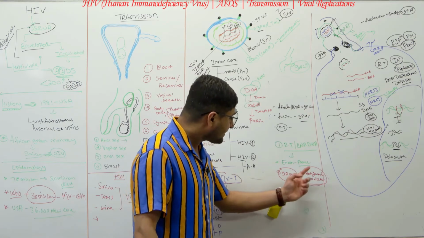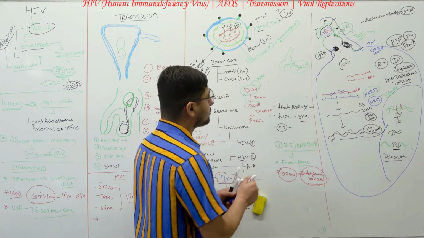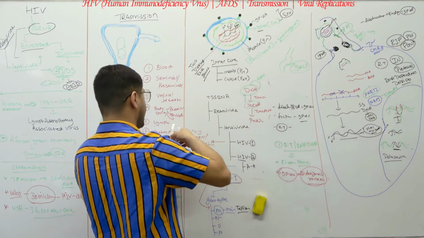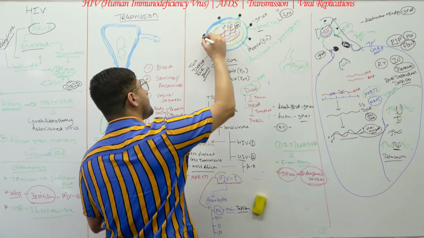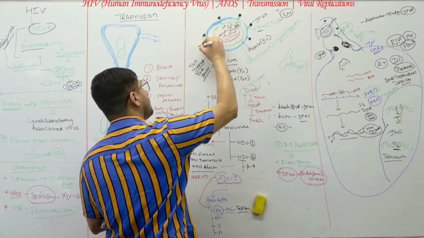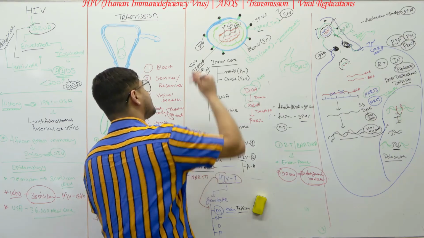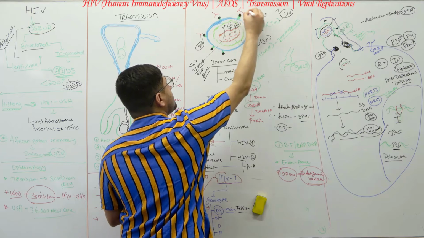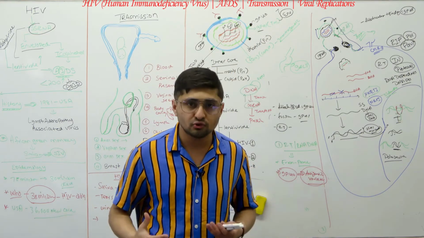So, if we were able to make, let's say, a vaccine against glycoprotein 120, an immunization to neutralize it, then we could be immune to it, right?